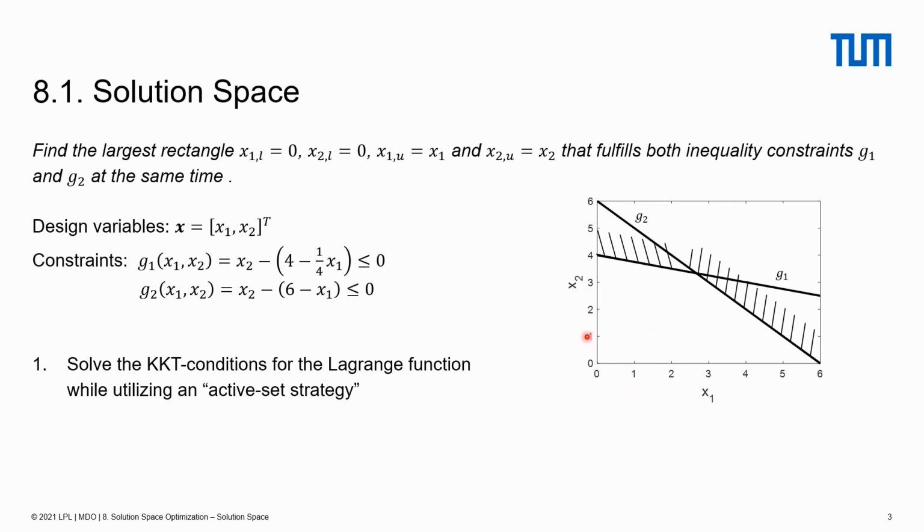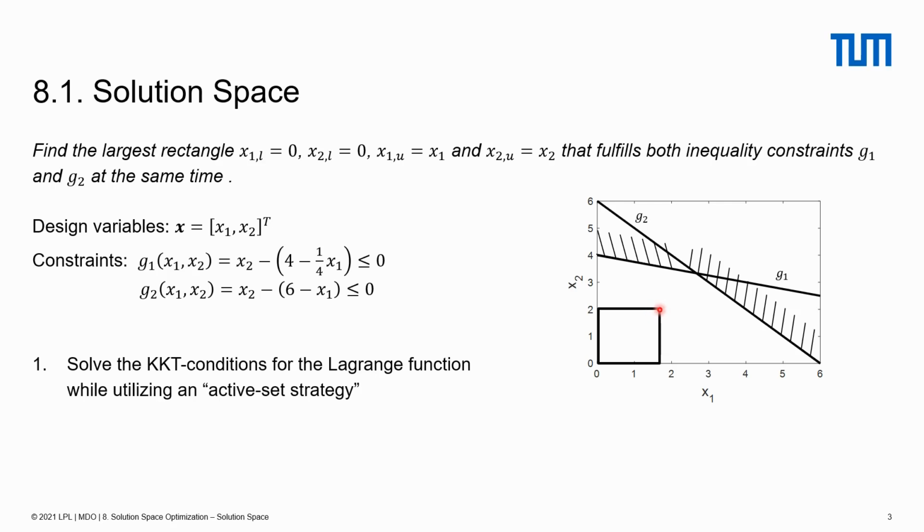In this diagram, you can see that we need to find a box with the maximum area. This corner of the box is already given by x1L and x2L, and we need to find the position of the top right corner of the box.